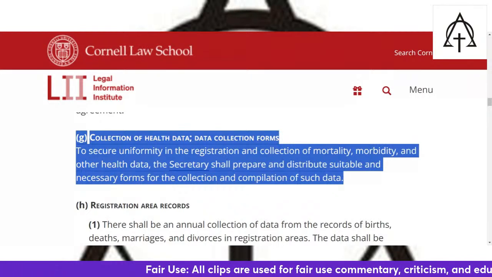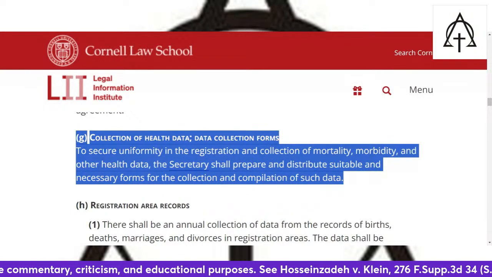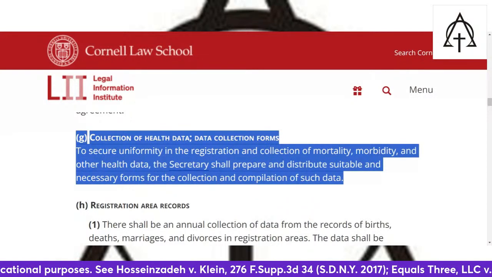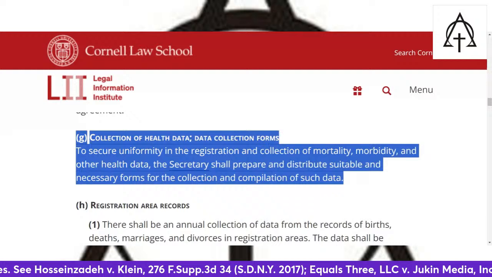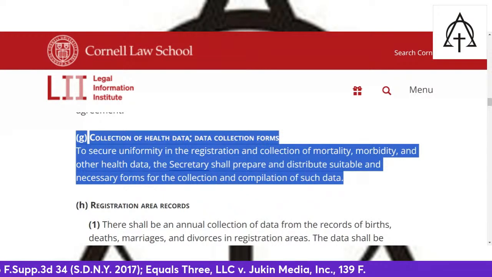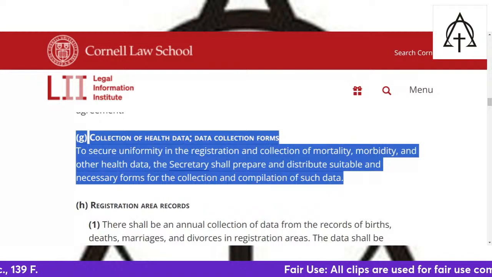Health data of who? See, there's the thing that's missing. The Secretary shall prepare and distribute suitable and necessary forms for the collection and compilation of such data from who?